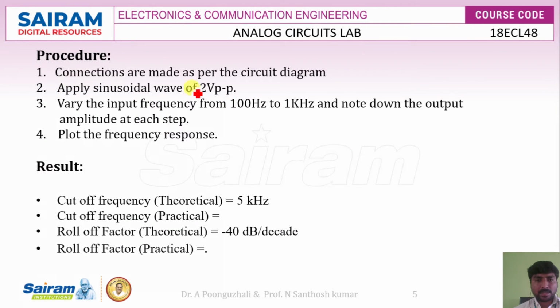Coming to the procedure, first we have to make the connection as shown in the circuit diagram. Once the connection is made, we'll be applying a sinusoidal signal of 2 volts peak to peak.